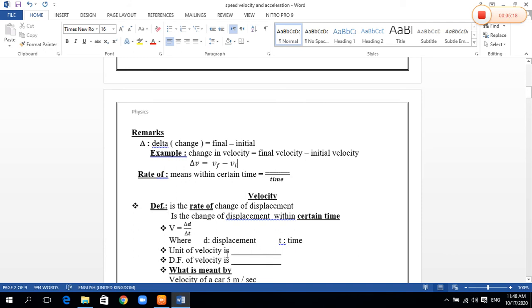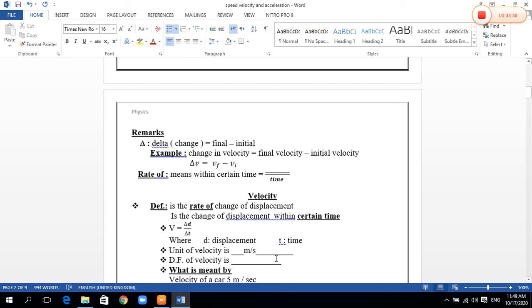The unit of velocity is meter per second, written like that, okay?